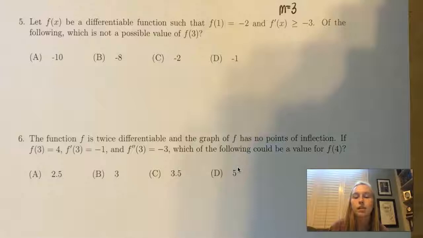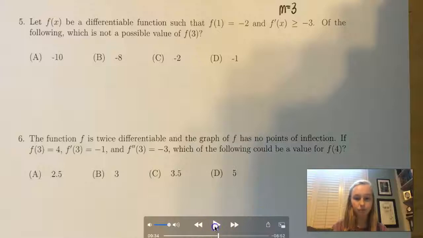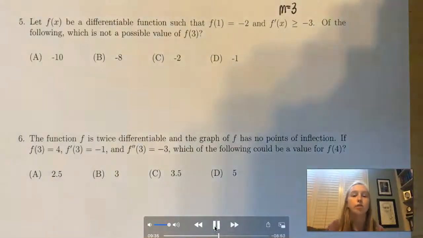And the way we're going to do this is we are essentially given a slope. We're given a slope through the f prime value, because remember that's slope. And in this case, it says greater than or equal to, but we're just going to say it's equal to right now. So we're just going to assume the slope, or m, is -3. And so we're going to draw it out.